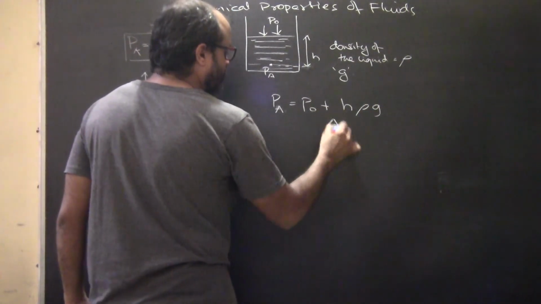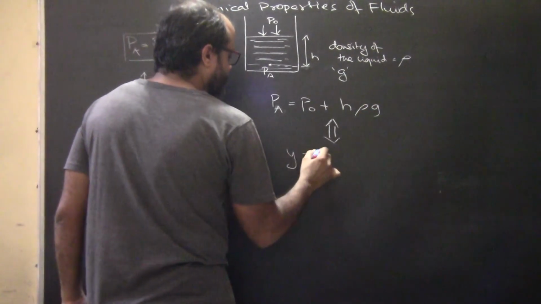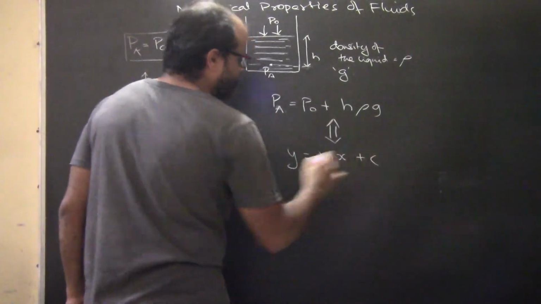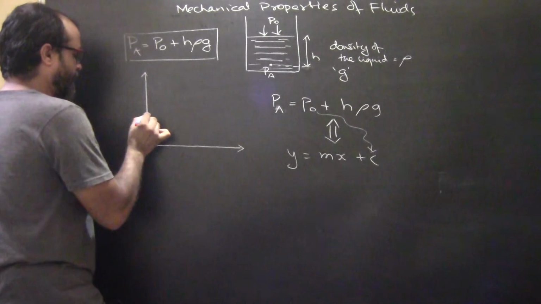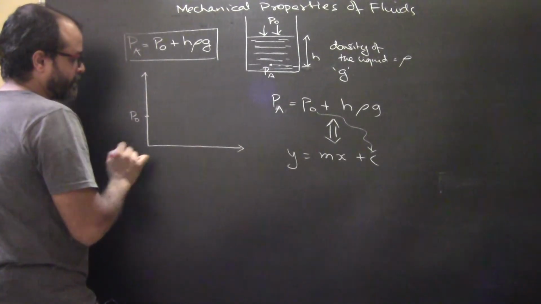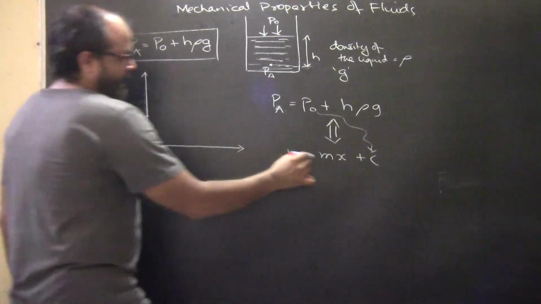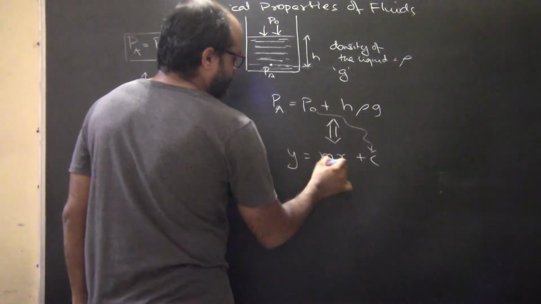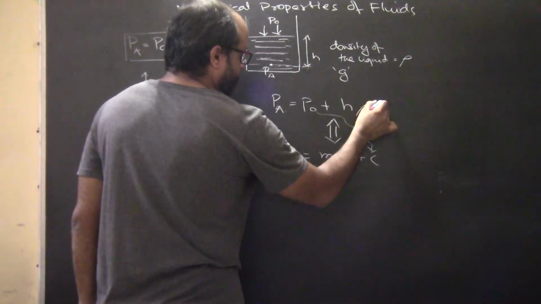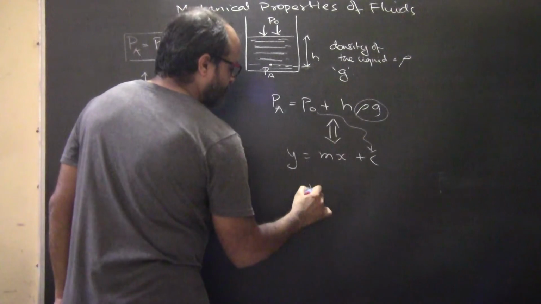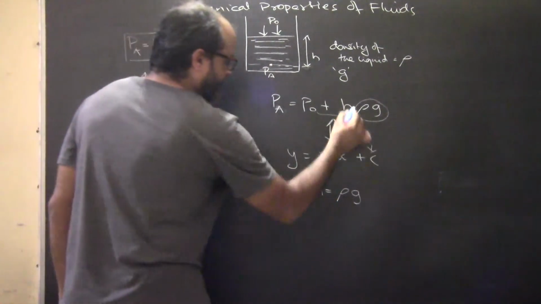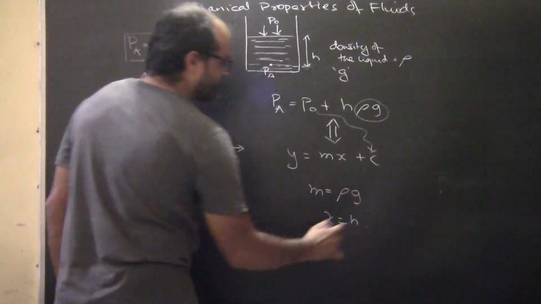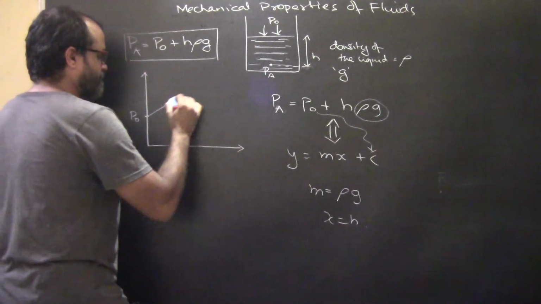This can be compared to y is equal to mx plus c. Look at this c: this is basically the y-intercept, so we will have P0 out here. And this is the slope. What will be the slope? Basically the slope m is equal to rho into g, and this x part will be the h. So we will have something like this.